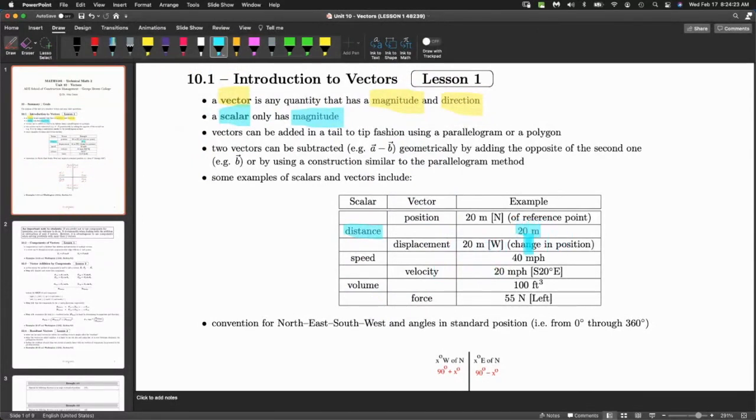Now you might say, wait a second, John, can't you put like east on that? You can, but distance is something that you measure with a ruler or with a tape measure. Like if I say to you, how tall are you? You could say, oh, I'm 180 centimeters tall.